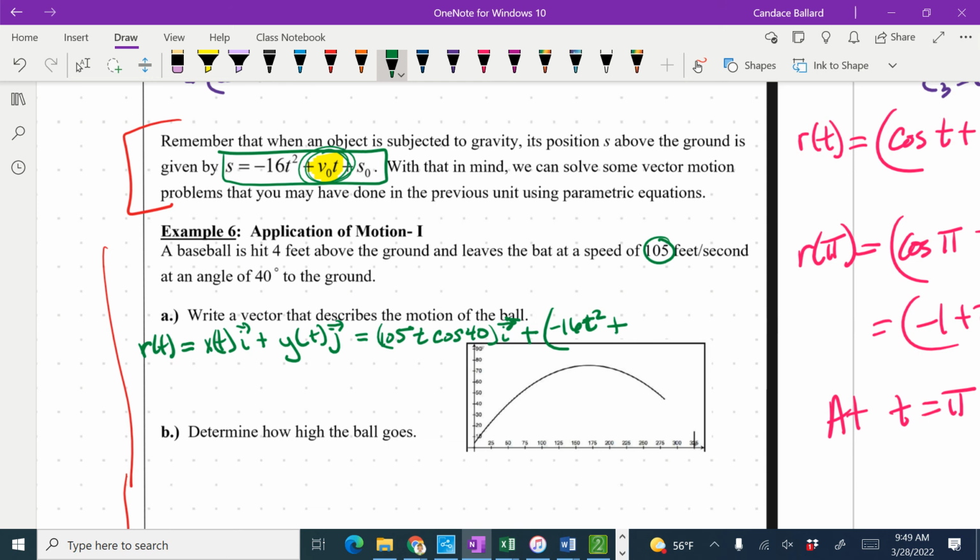We're sine, from the unit circle. So I would say 105 times t times the sine of 40, and then plus my initial position. What was the initial position here? 4. And then times j.